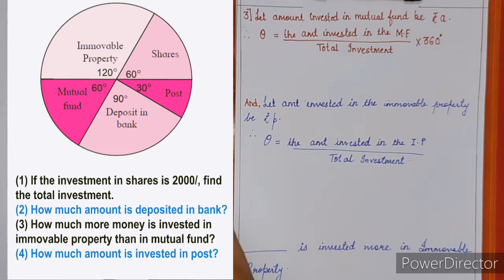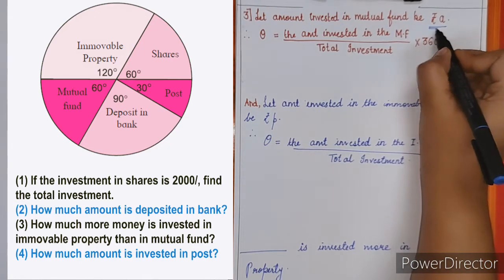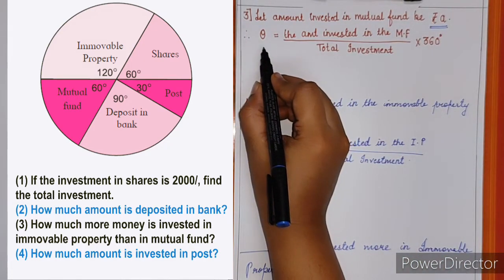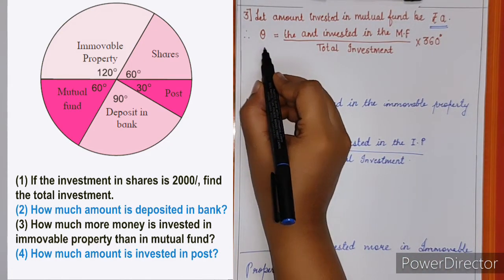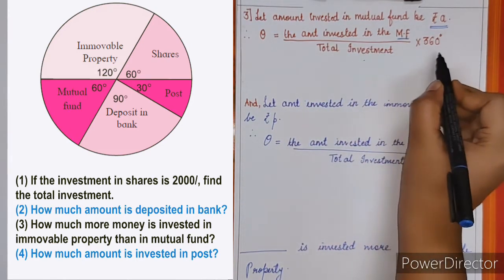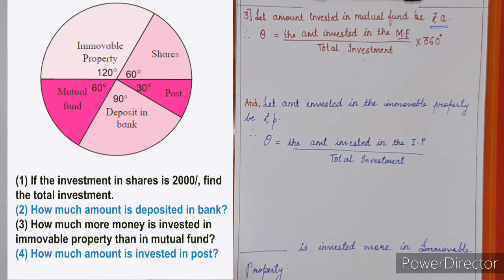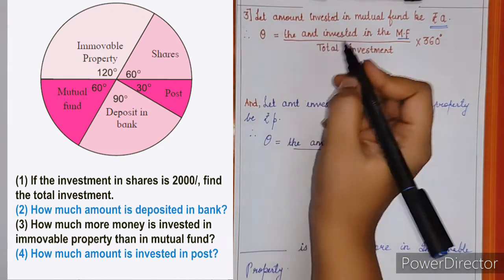So we'll solve by the same method. Let the amount invested in a mutual fund be rupees A. The central angle corresponding to the mutual fund equals the amount invested in the mutual fund upon total investment into 360 degrees.